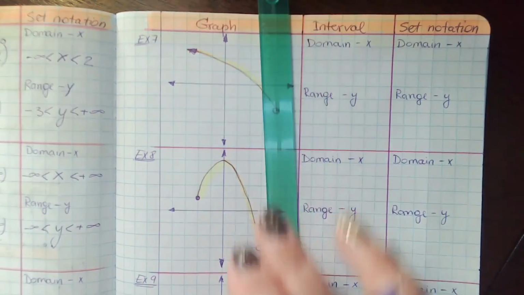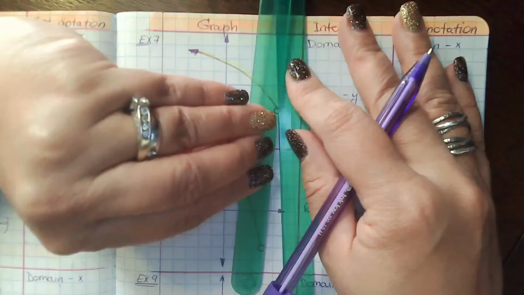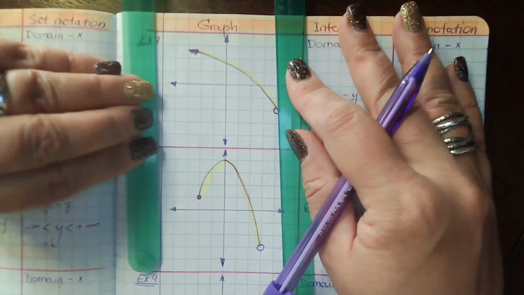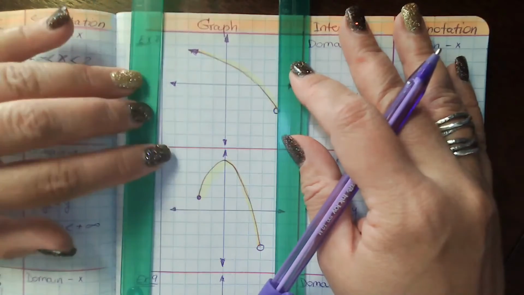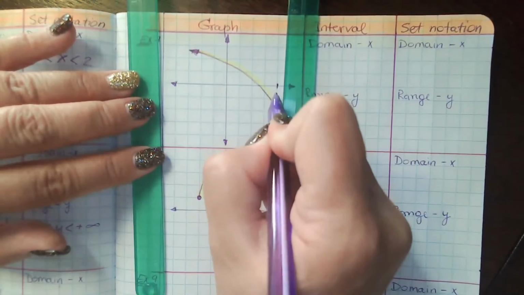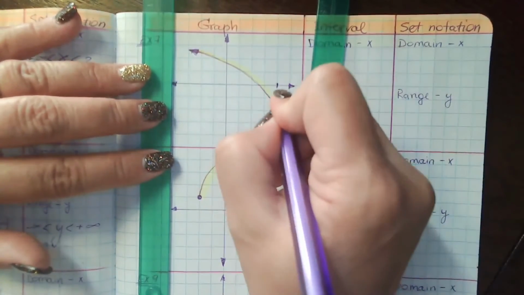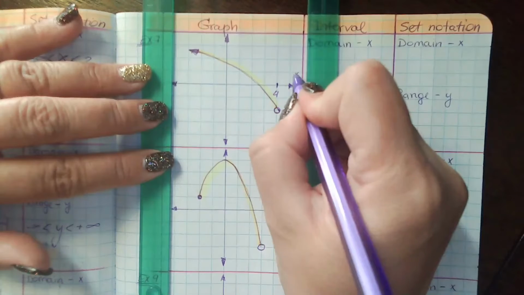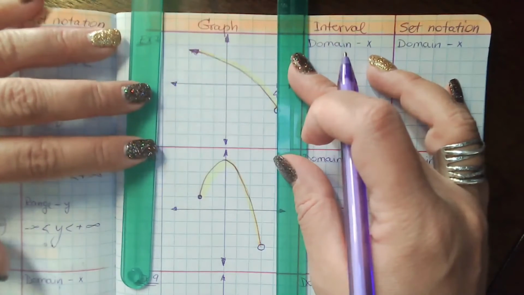Domain. Domain is from -infinity, because we don't know where this line is coming from, but I know it stops here. For the domain, we look at the x values and we know it stops here. There is nothing past the value of 4. On the x-axis, the highest value is 4 because all the values on the left are smaller.